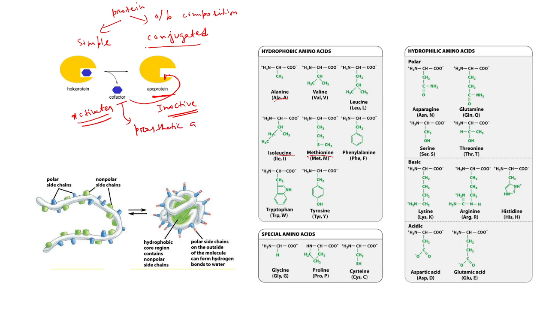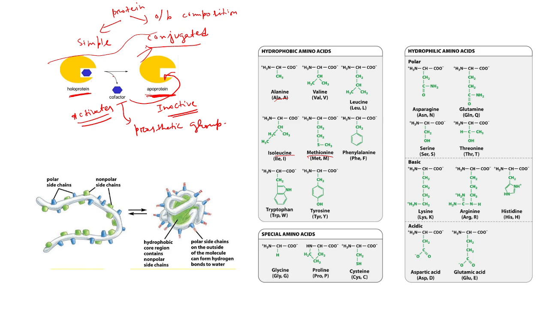When this group is added to the protein, then only it activates. Before activation, it is called the apoprotein. When the prosthetic group or the cofactor is bound, then it activates, and it is called the holoprotein. This type of structure is called a conjugated protein, which requires some cofactor, the prosthetic group.